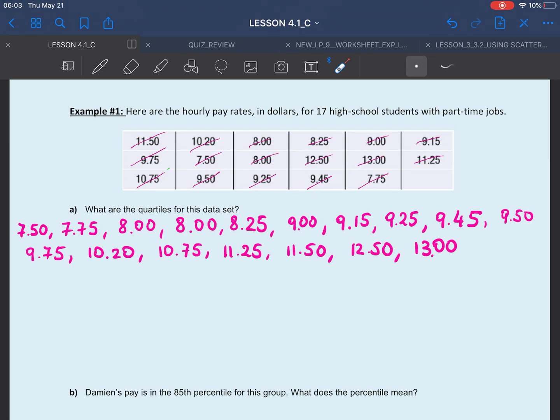So we're going to get started with finding the quartiles. Now, when we find quartiles, we always start by finding the second quartile. So that would be step 1. Now, find the second quartile.